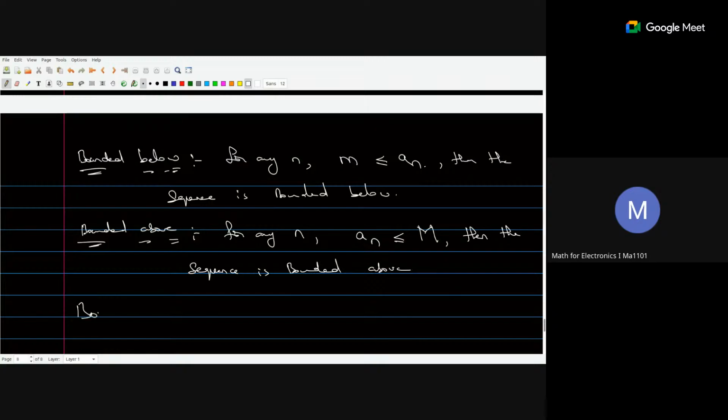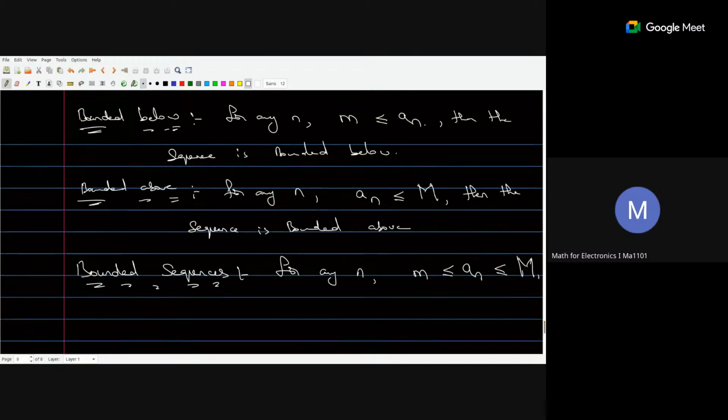And now the definition of bounded sequences: for any n, if I can write m less than or equal to an less than or equal to capital M, it satisfies both bounded below as well as bounded above.